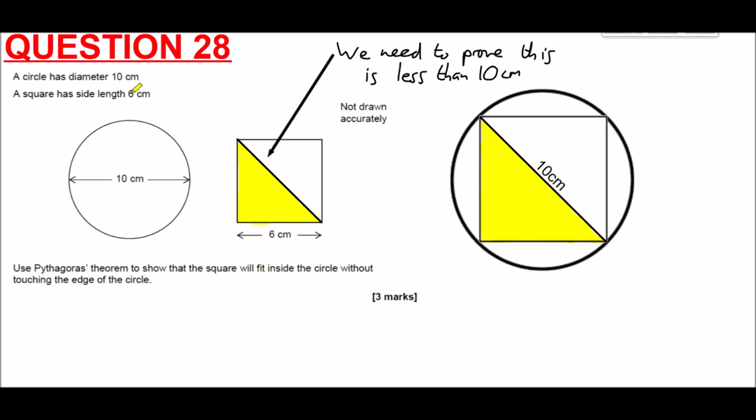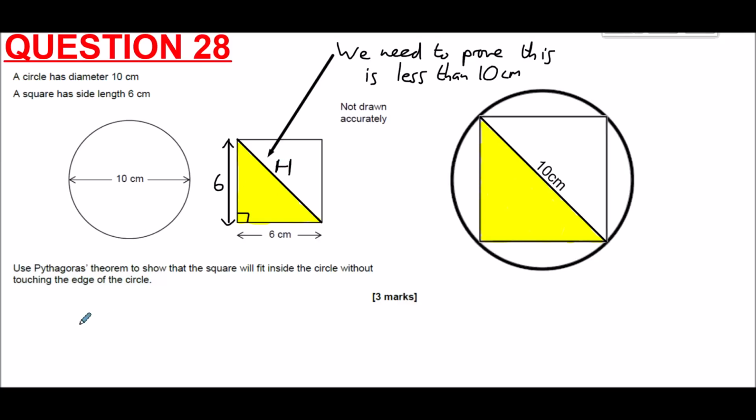So if the sides of it are 6, so if this bit here is 6, that means the top bit of it will also be 6 as well. So Pythagoras' theorem relates to all three sides of a triangle. So if I call this longest side, the longest side of a right-angled triangle is called the hypotenuse. So I'm just going to call it h for hypotenuse.